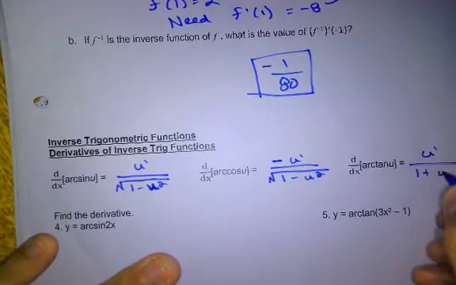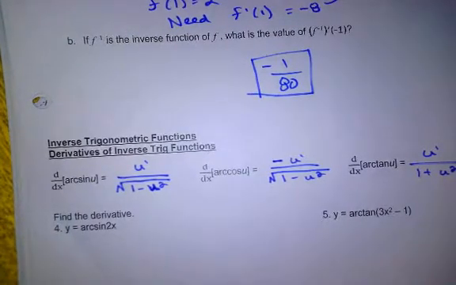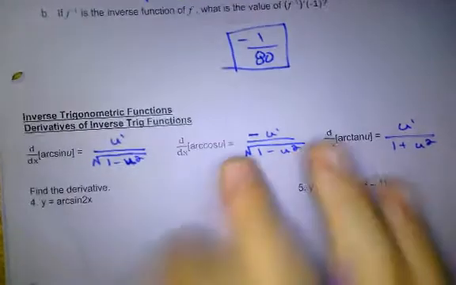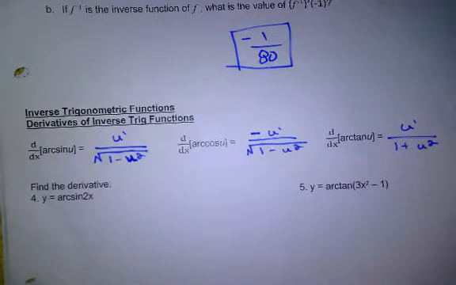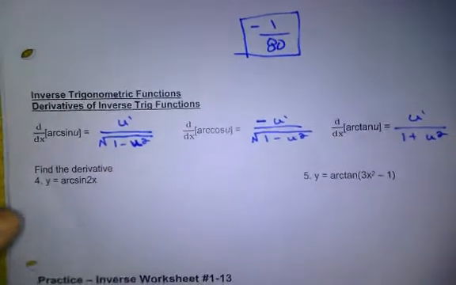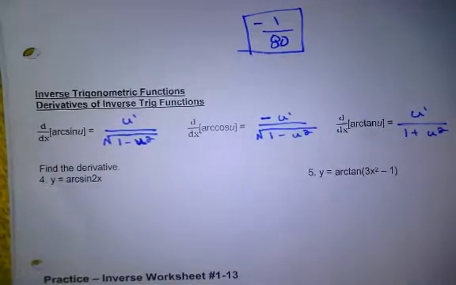U prime over 1 plus u squared. Like I said, on that little packet thing, I like those definitions better because they don't tell you the chain rule definition. But anyway, let's just go through two more problems, and that's all I got for you today. Nice short little video, hopefully under 20 minutes.